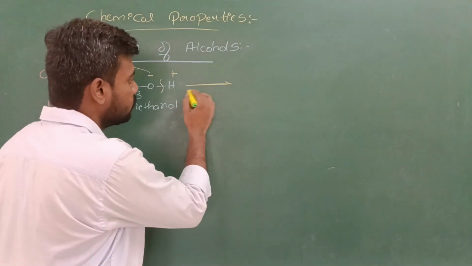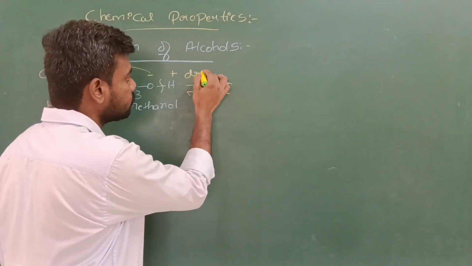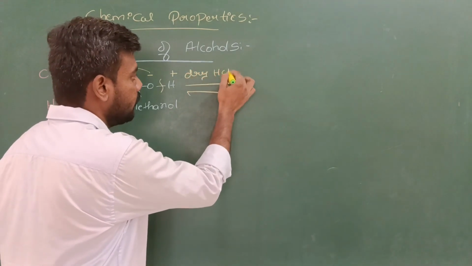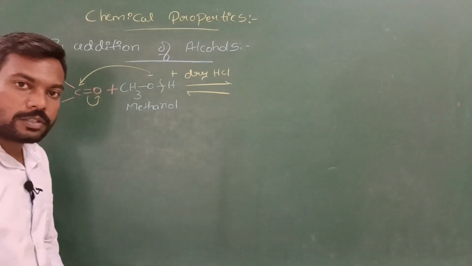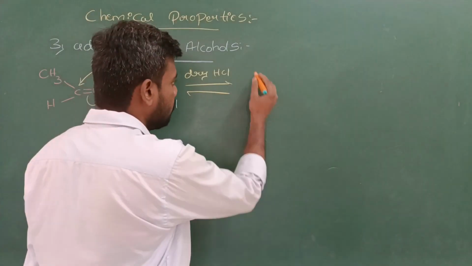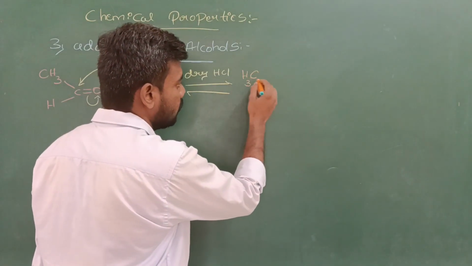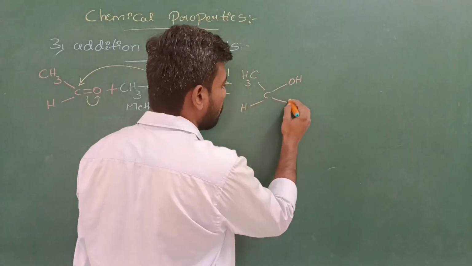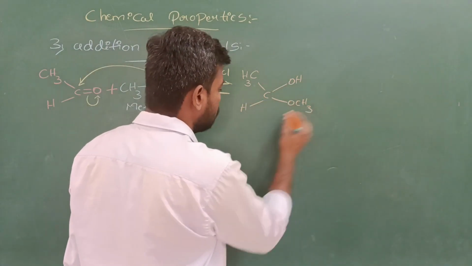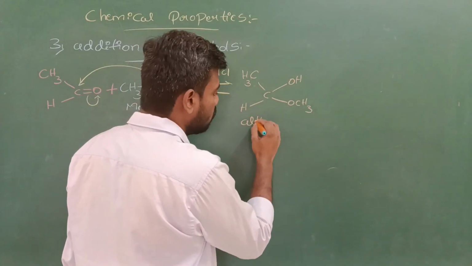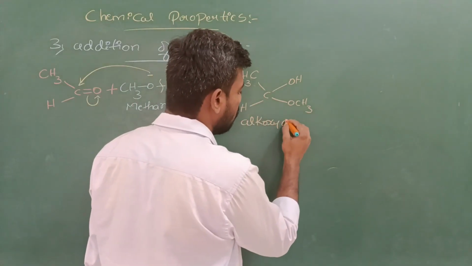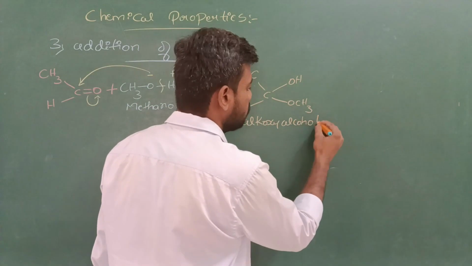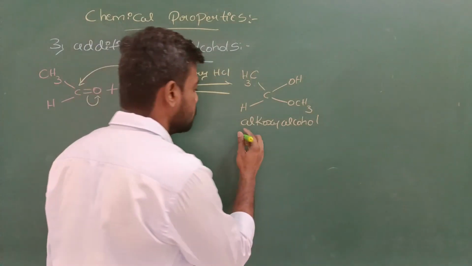In the presence of dry HCl, we get an alkoxy alcohol known as hemiacetal.